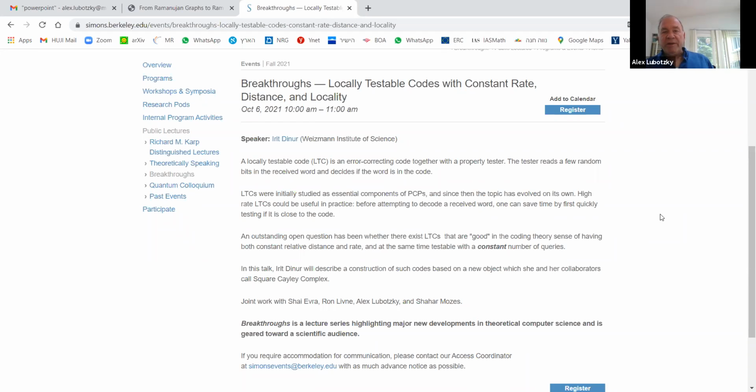She will talk about that in this sequence of, I think, twice a year they have in the Simons Institute in Berkeley breakthroughs in computer science, and Irit Dinur, who is one of my co-authors on that, will talk about that work there, and that will be related. She will probably present it from a very different perspective, but you will see that the Ramanujan graphs and complexes are coming up also there.